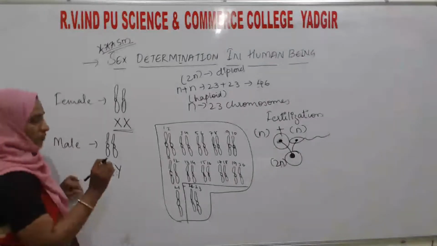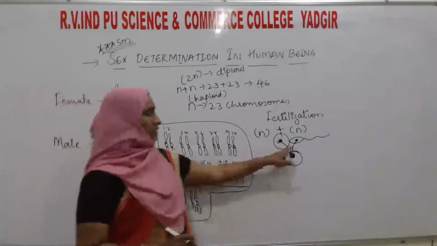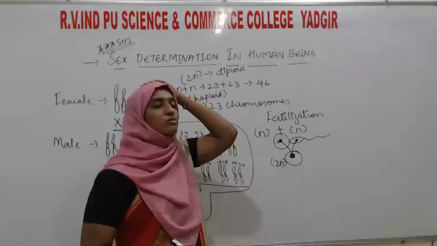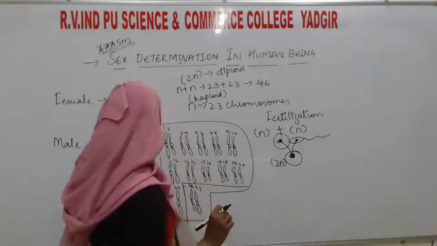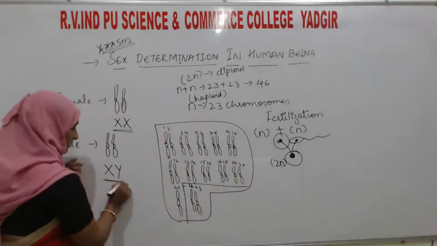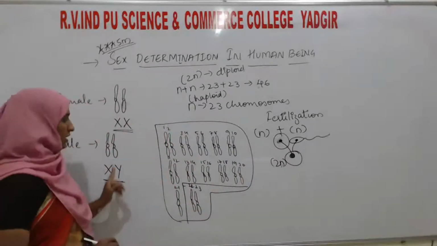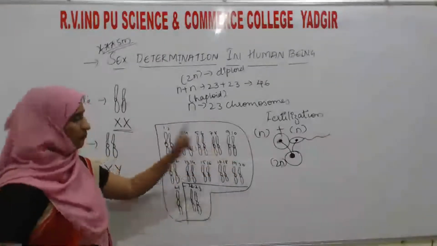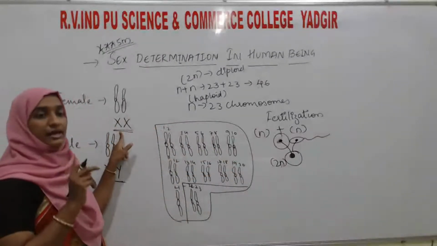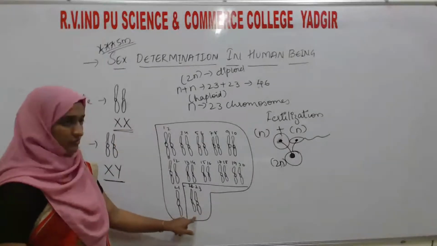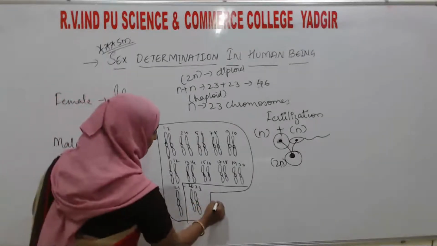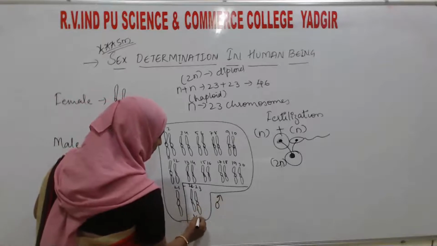The sperm will carry the sex chromosome X or Y. In female, in the ova, the sex chromosome will be X. So in male it will be XY, and in female it will be XX.